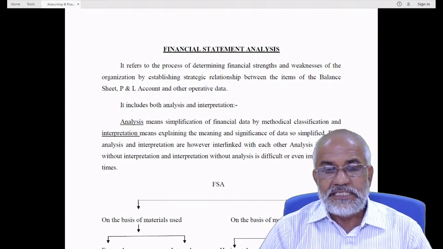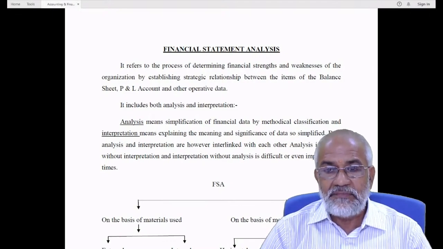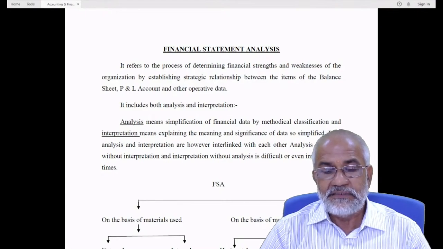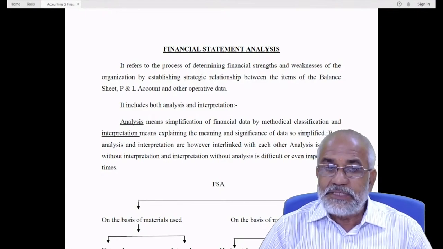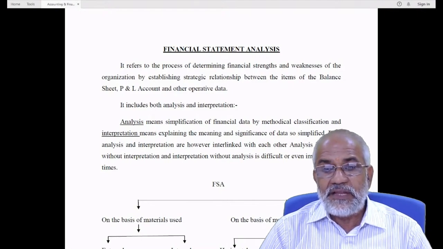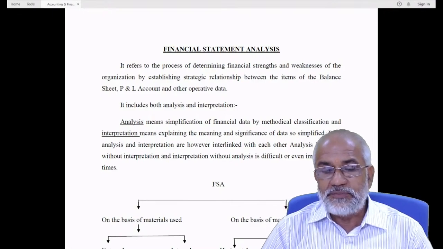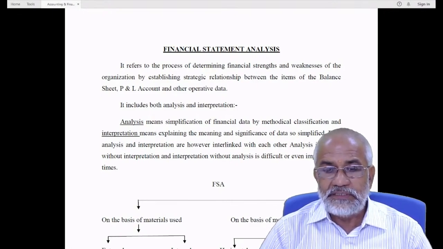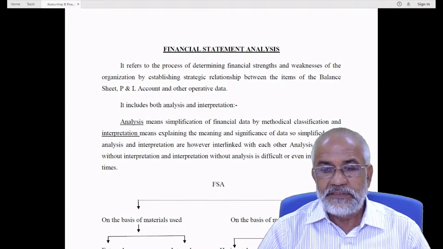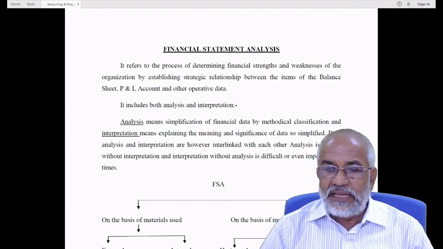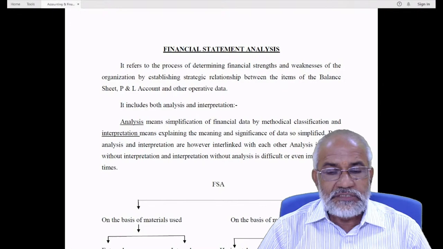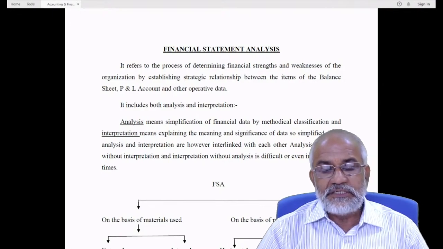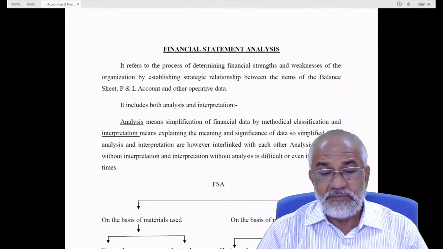Analysis means simplification of financial data by methodical classification, and by interpretation we mean explaining the meaning and significance of the data so simplified. Both analysis and interpretation are interlinked with each other, and analysis is useless without interpretation, and interpretation without analysis is not only difficult but even impossible at times.